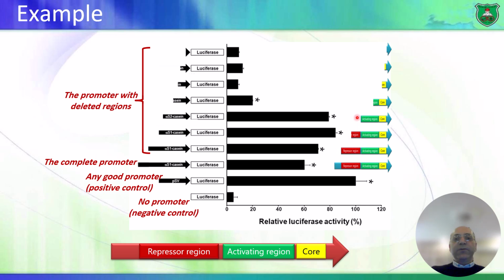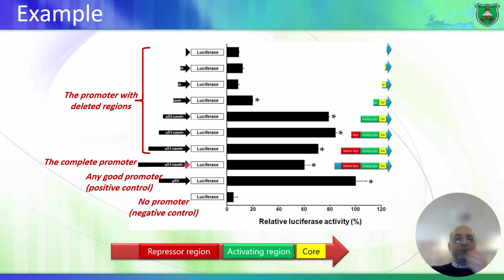I remove this part right here, so I now have the luciferase gene under control of the core promoter and the activating region. And I remove that part, I remove this whole thing, and so on. Now here I have a piece of DNA that contains no promoter whatsoever, just the luciferase gene, which is represented by the black arrow.